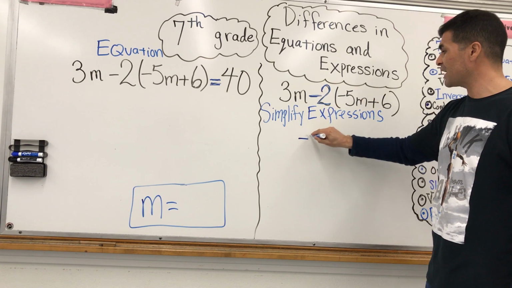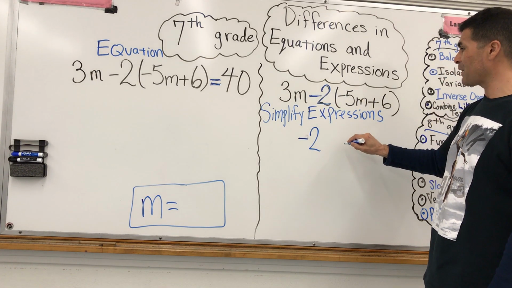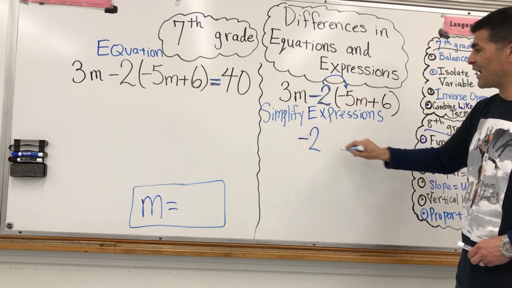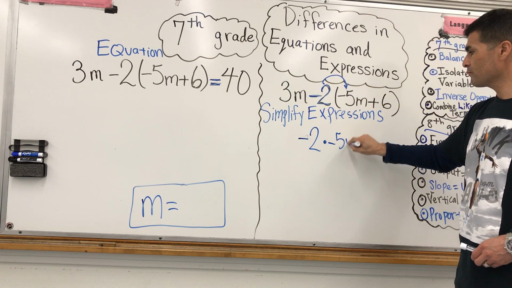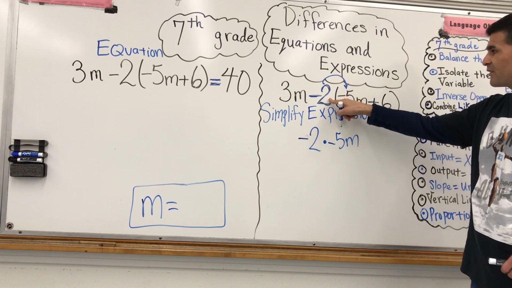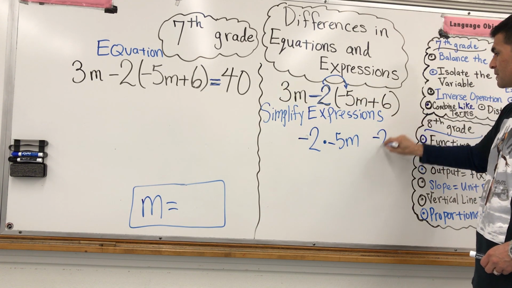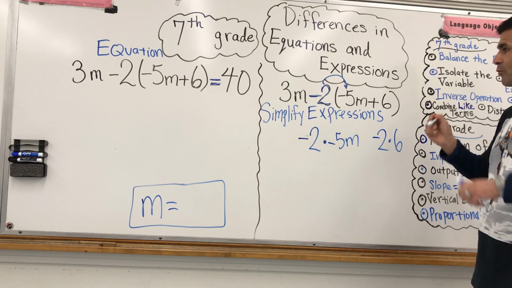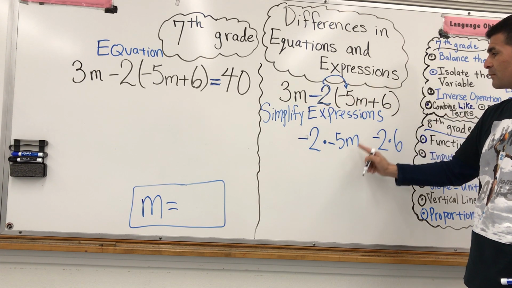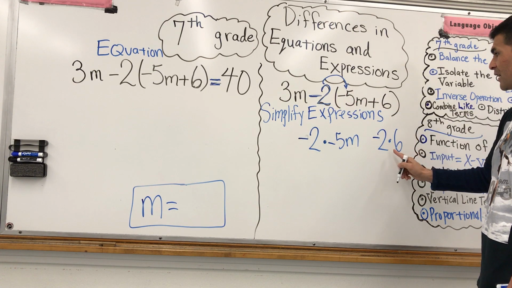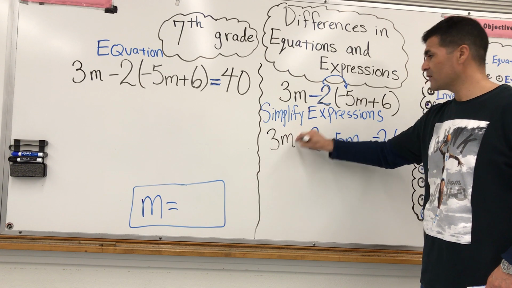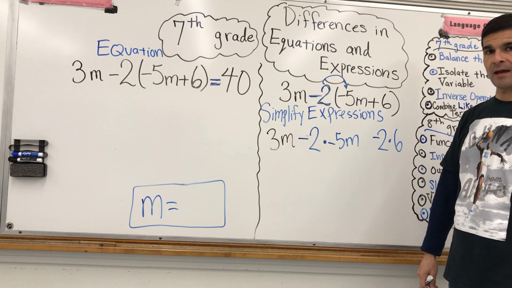So we're going to multiply our negative 2 by this negative 5m, and multiply this negative 2 by the 6. I'm rewriting it as negative 2 times 5m and negative 2 times 6. This 3m, I'm going to leave right here as 3m.